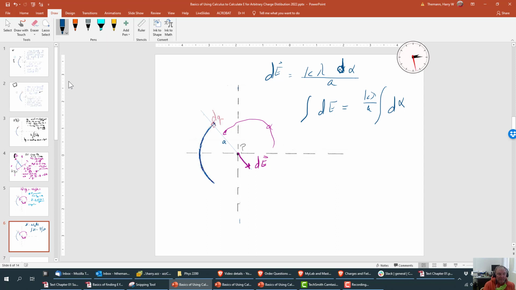But we have to keep in mind that we have ourselves a vector. I'm looking at my notes at the left side. So we have to break this up into dE of x and dE of y. Right away we have to do it.